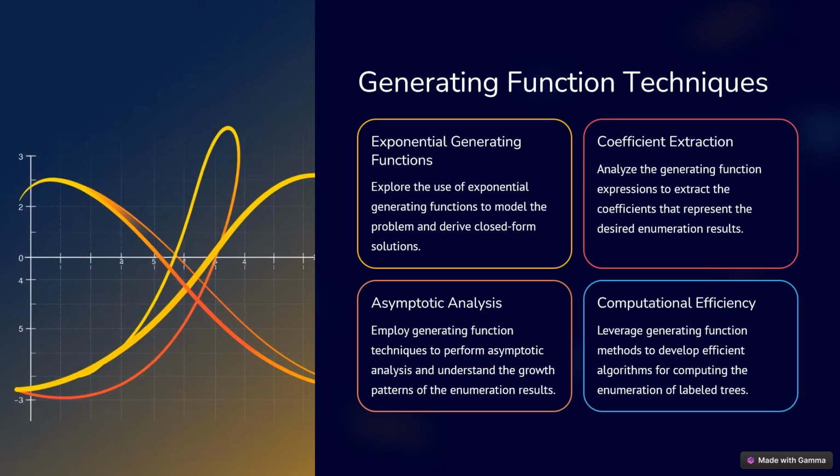Generating function techniques help us model the problem and derive closed-form solutions, efficiently extract the coefficients for the desired enumeration results, and understand the growth patterns of the results, which can lead to algorithms with computational efficiency.